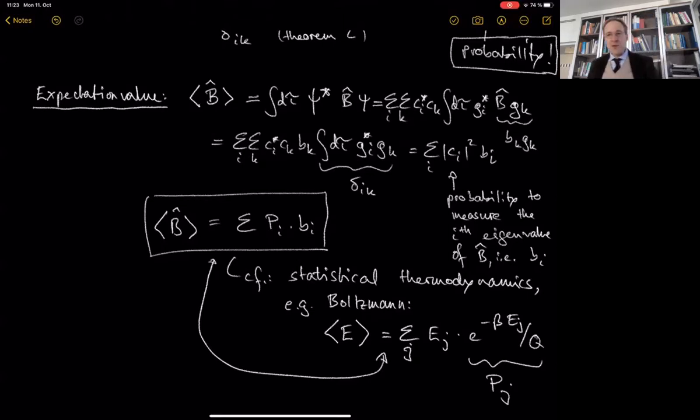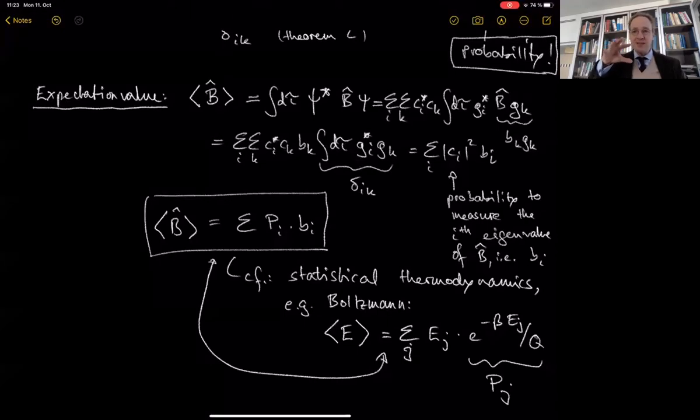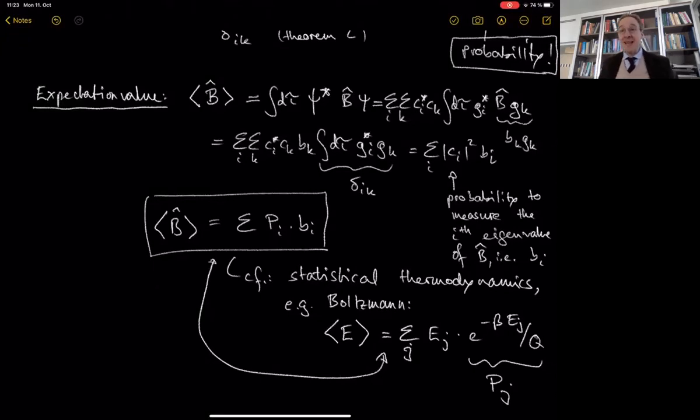And so you have something quite beautiful emerging here, right? You get at the electronic level these probabilistic expressions, these expectation values, and then at the atomistic level, you get them again, right?